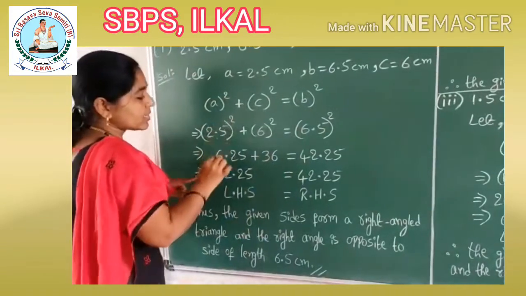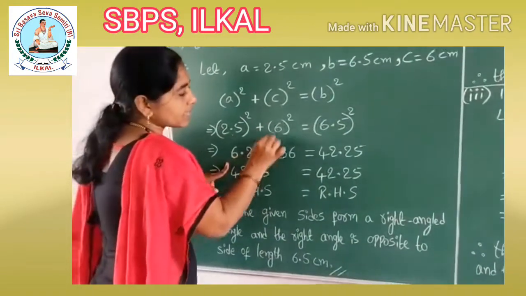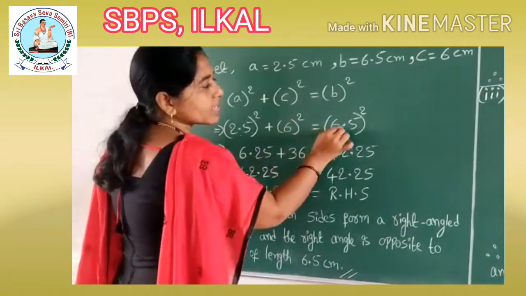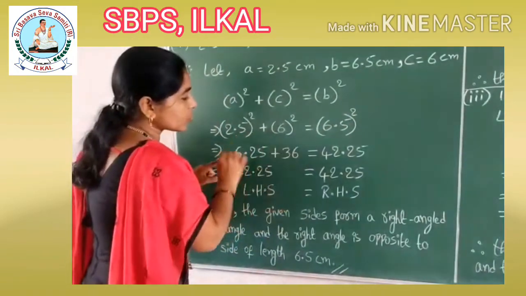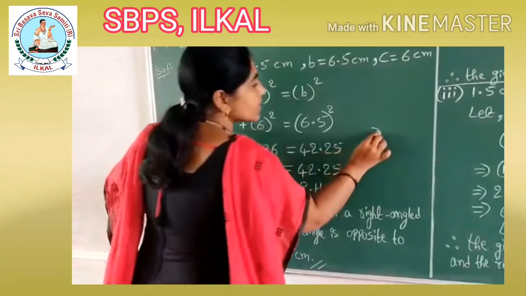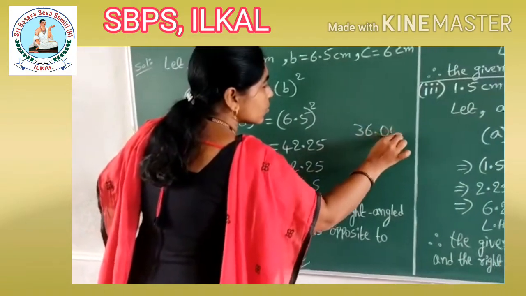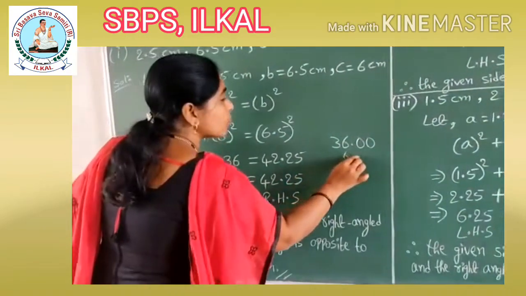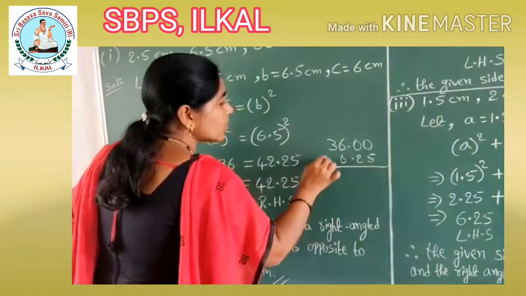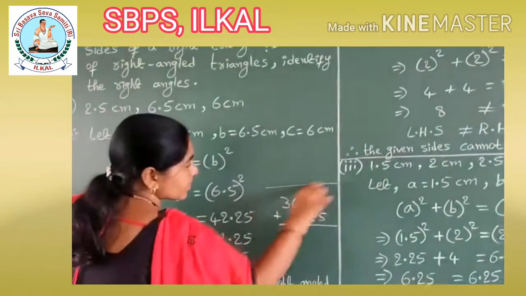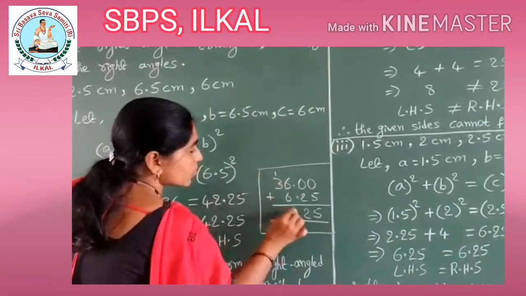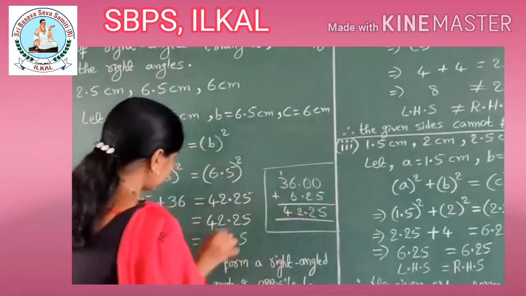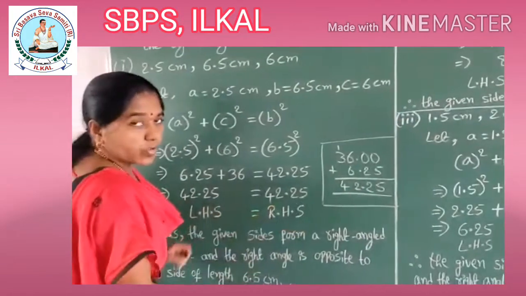2.5 whole square is equal to 6.25, plus 6 square is 36, and 6.5 square is 42.25. When you add these two, children, 36.00 you should take and 6.25. While adding, you will get 42.25 is equal to 42.25.